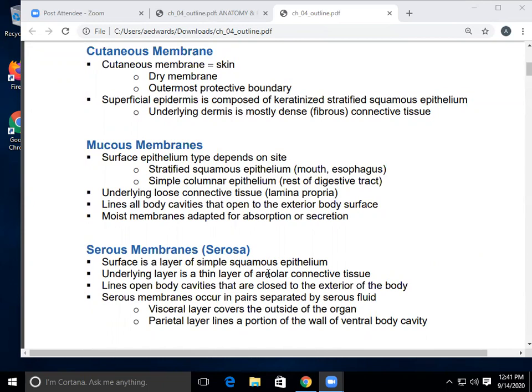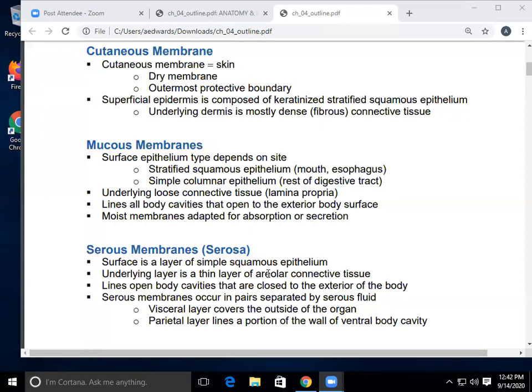Your mucous membranes have a surface epithelium, and the type of surface epithelium will depend on which site they're located at. The mouth and the esophagus have stratified squamous epithelium. The rest of the digestive tract has simple columnar epithelium. The connective tissue underneath is loose, and it's called a lamina propria.